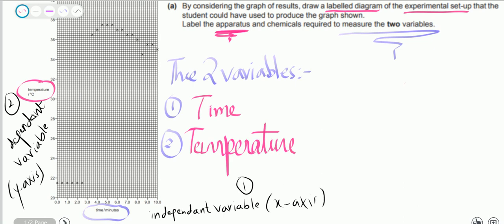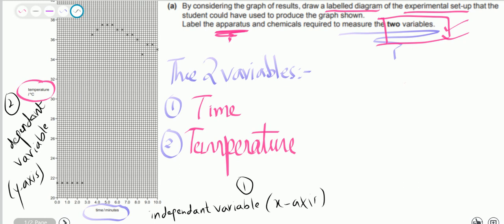They say to label the apparatus required to measure the two variables. We're done with the first part because we have figured out both of the variables. Now we need to see which apparatus we can use to measure these variables.